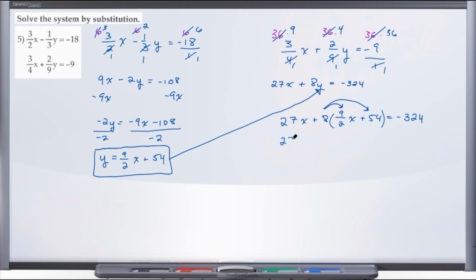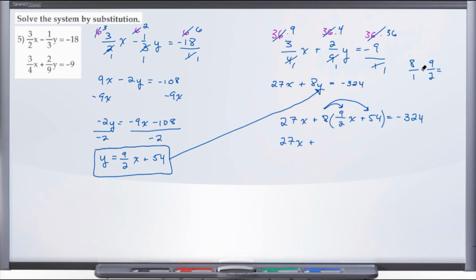So we get 27x plus, well, we're multiplying 8 times the fraction 9 over 2. And you'll recall that when we multiply fractions, this is really 8 over 1 times 9 over 2. We don't have to worry about common denominators or anything like that when we're multiplying fractions. We just do numerator to numerator, denominator to denominator.